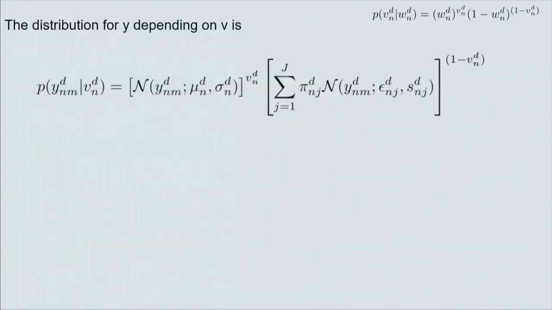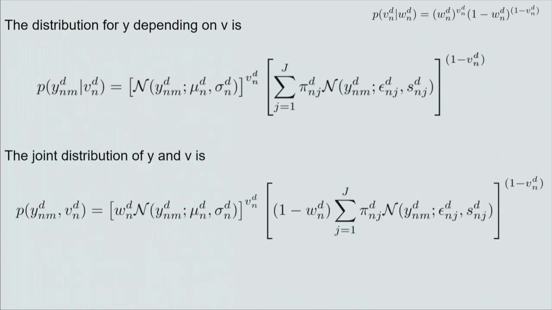So with all the components defined, the distribution of the joint locations Y depending on the visibility is like this. And the joint distribution of Y and the visibility is like this. So the two-level hierarchy is shown in the conditional distribution. First, a sample V is drawn from the Bernoulli distribution.